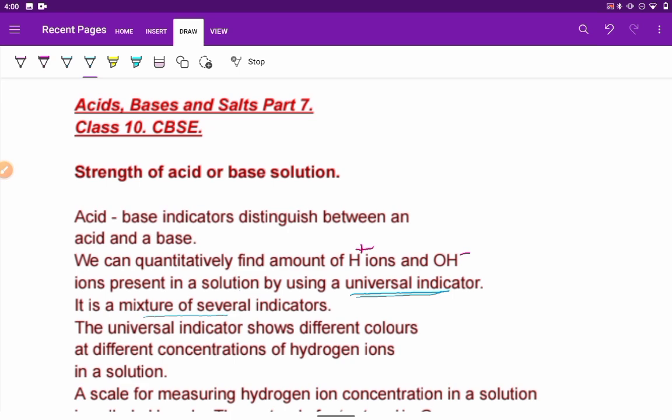So as the H plus ion concentration changes, the color shown by the universal indicator also changes.